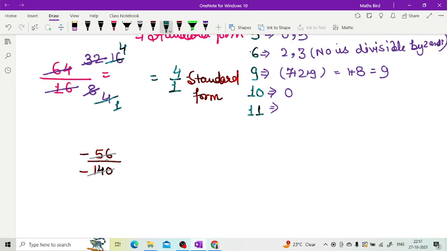Why? Because at the unit place there is 6 and there is 0, even numbers, so it will be divisible by 2. So 2 twos are 4, 2 fours are 8, 2 eights are 16, 70, right? Minus minus we can cancel out. Again 28 by 70, by which number will it be divisible? 2 only. So it will be 2 ones are 2, 2 fours are 8, 2 threes are 6 and 2 fives are 10. 14 and 35.